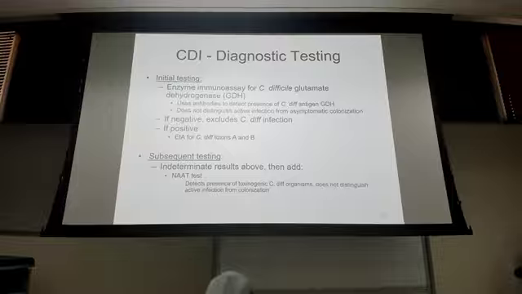It does not, once again, distinguish active from colonization. So understand that algorithm and when you would use which test. But if GDH is negative, you don't have to worry about the other tests.